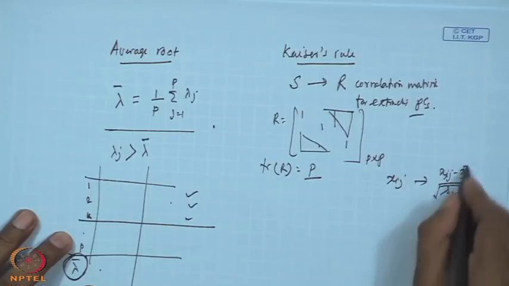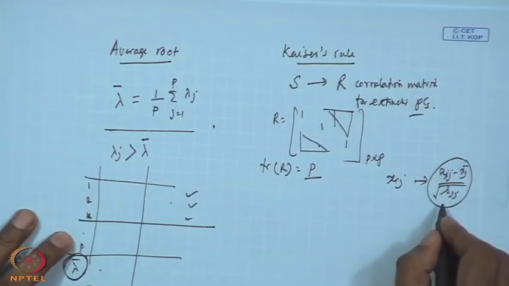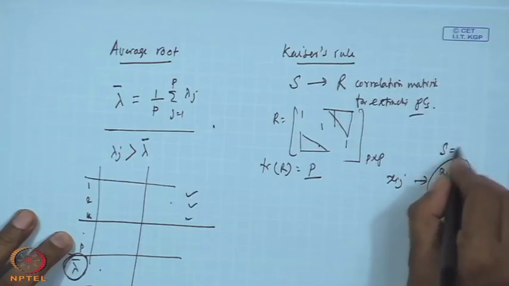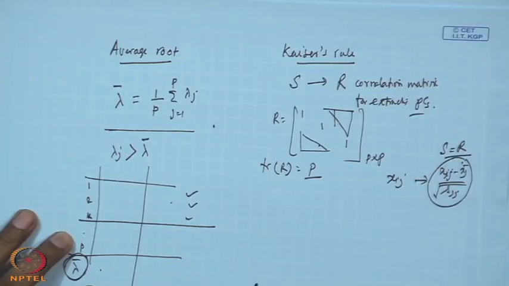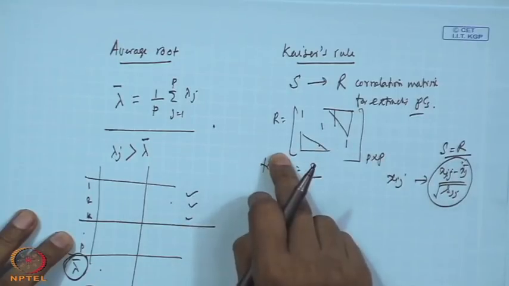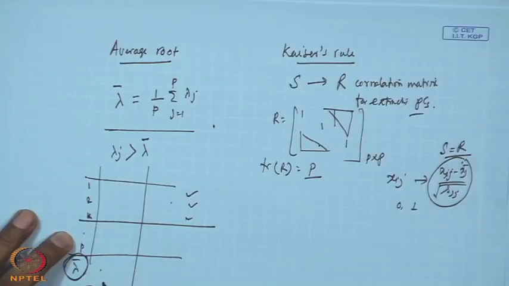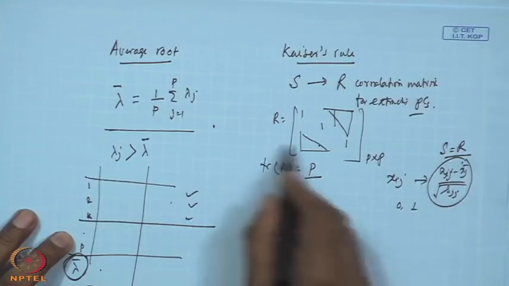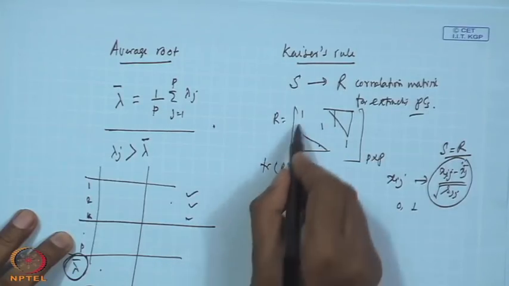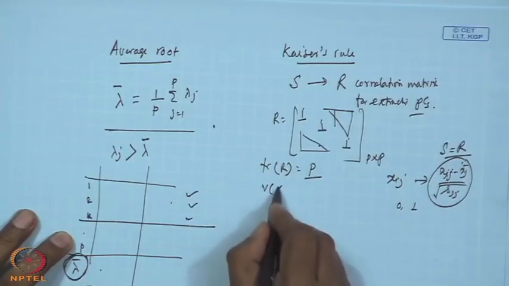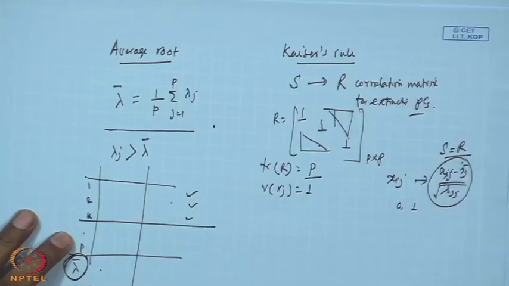Then if you compute the covariance matrix S for this, it will be equal to R. For every standardized variable, mean is 0 and standard deviation is 1, so variance is 1.